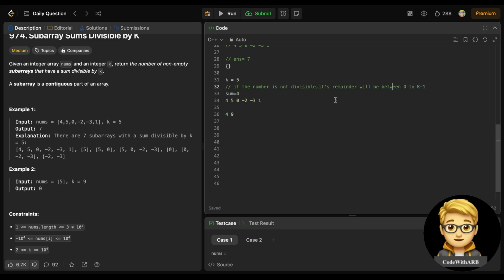And we also know that to make that number divisible by something, we need to add this remainder or we need to remove this remainder. If I need to make that number divisible by k, I need to remove that number. So I will store that number.